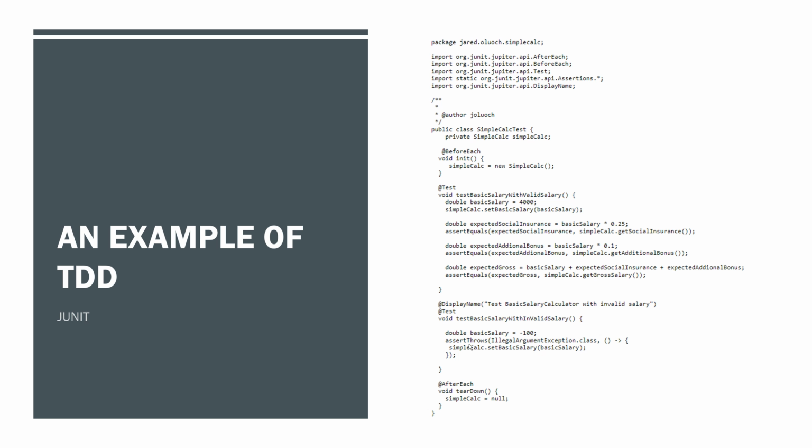That JUnit will test this illegal argument exception class and see if it pops up based on the salary being less than 0. As long as that throws that exception, then that assert throws will be correct. This is just tearing down that JUnit.